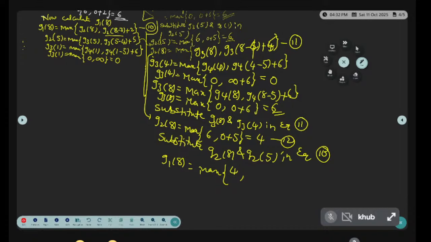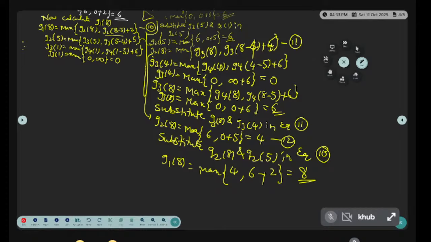G2 of 5 ఎంత? G2 of 5 is 6 plus 2, that is 8. G1 of 8 is 8.